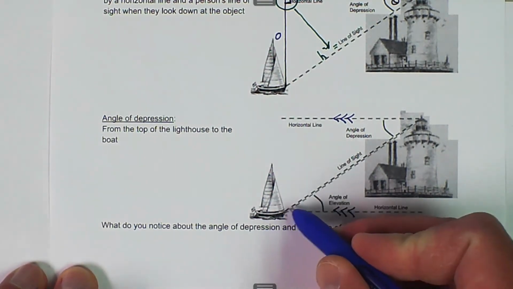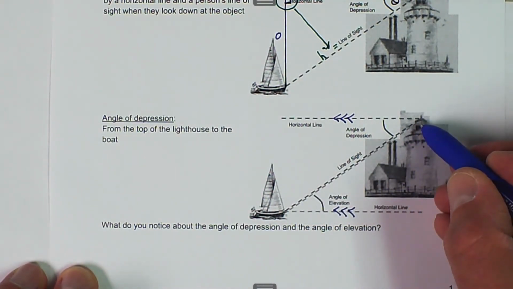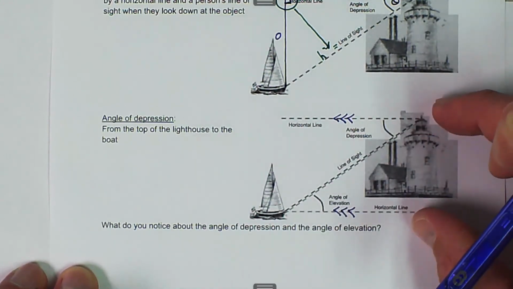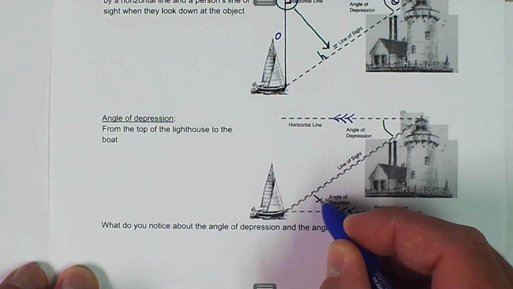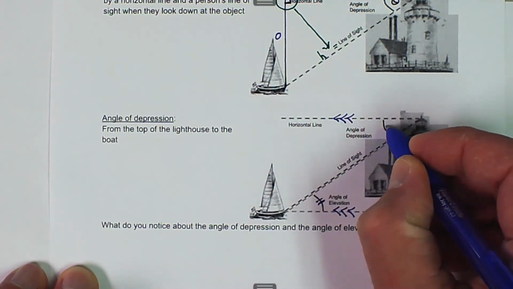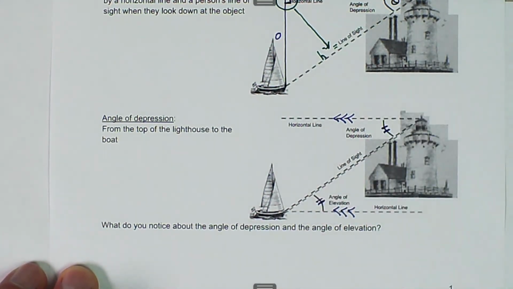So we have two parallel lines cut by a transversal. So that means that our angle of elevation and our angle of depression are congruent.